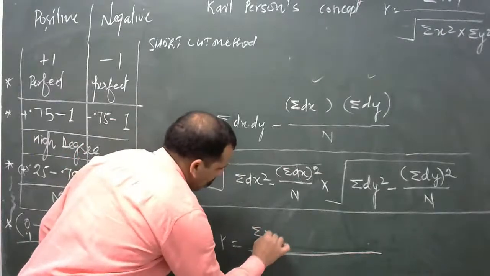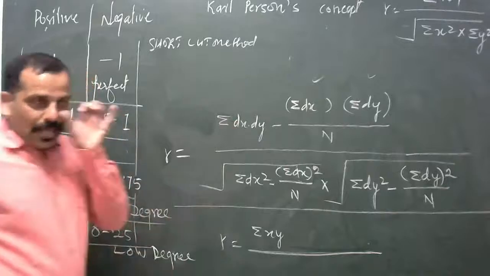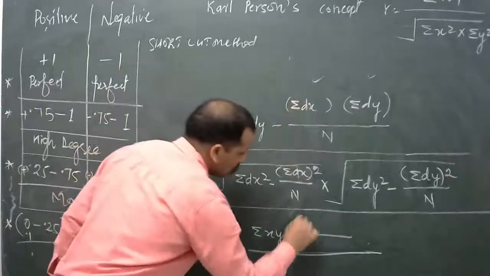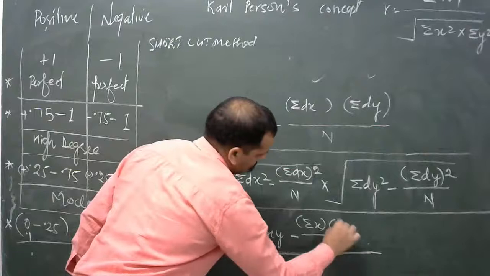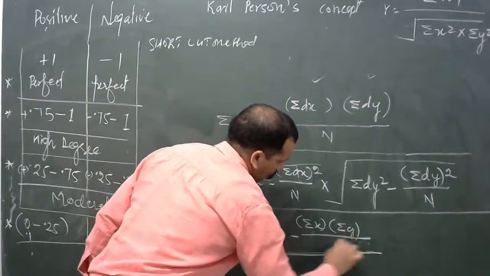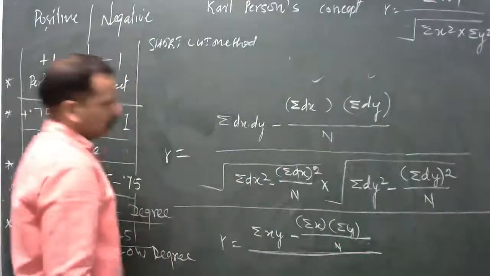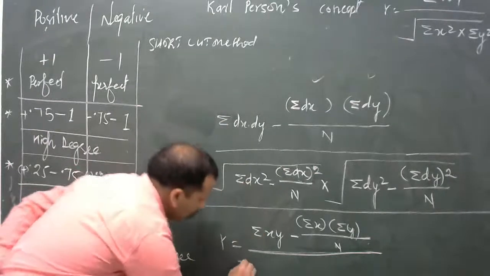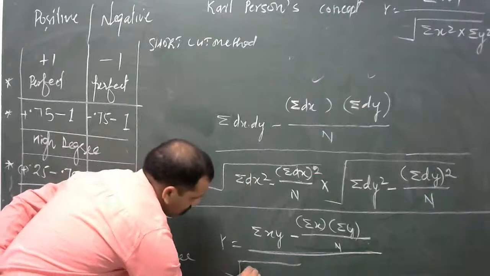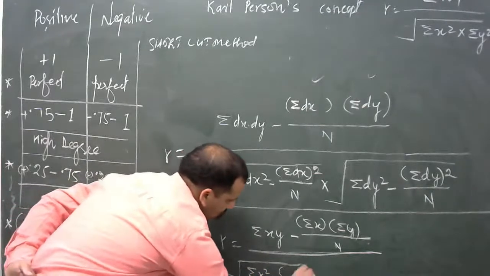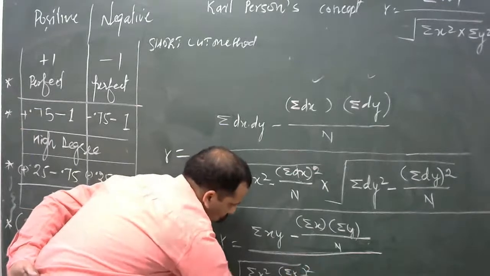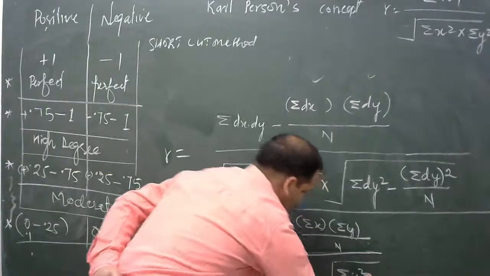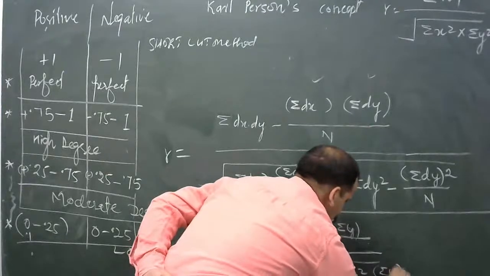So summation xy minus summation x summation y upon n, upon under root of summation x square minus summation x whole square upon n, into summation y square minus summation y whole square upon n.